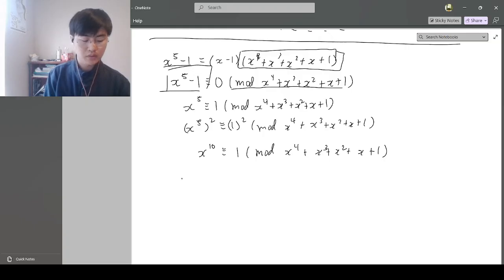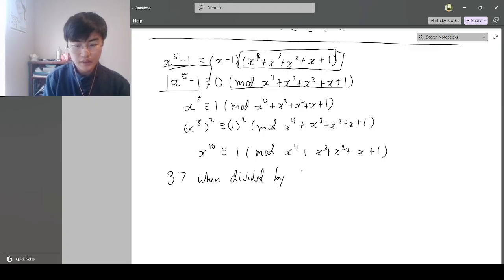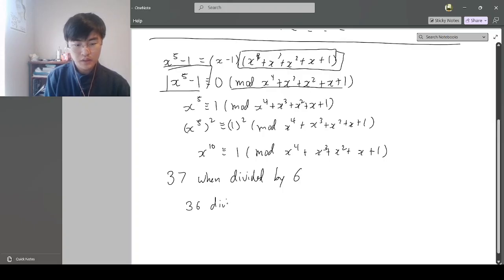I usually like to break down problems by trying to use an example that's much simpler and easier to understand. So let's start with a problem where I'm trying to find the remainder of 37 when divided by 6. One way we can view it is, let's say 36 divided by 6 gives me a remainder of 0.